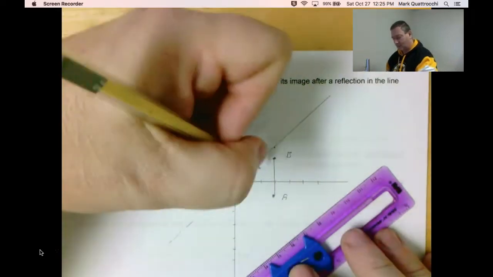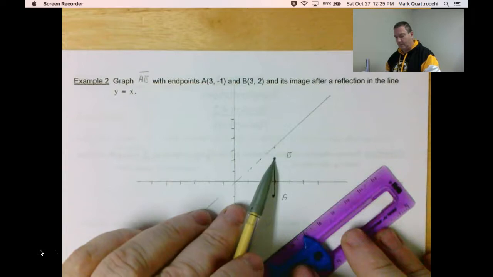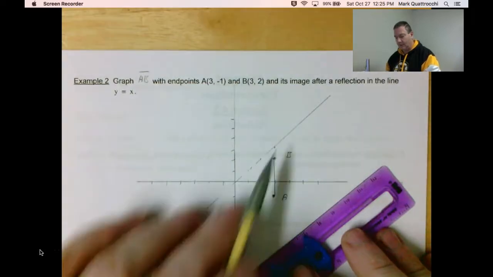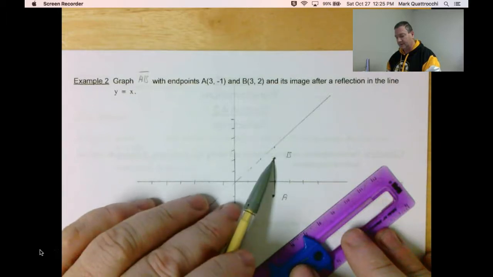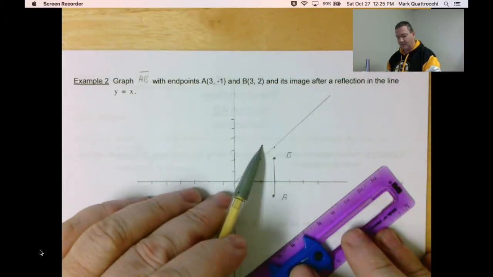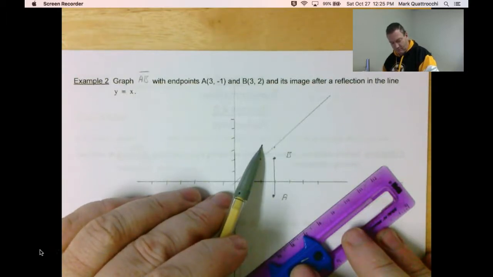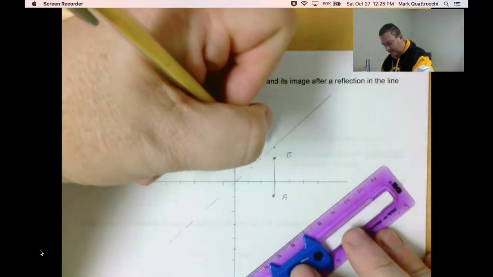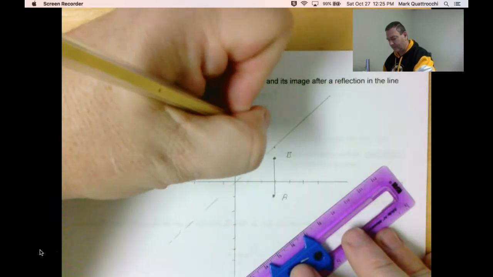So there's the line y equals x. And B, or yeah, we'll do B because it's closest, is going to reflect right over to here. So this is at (2, 3). There's B prime.